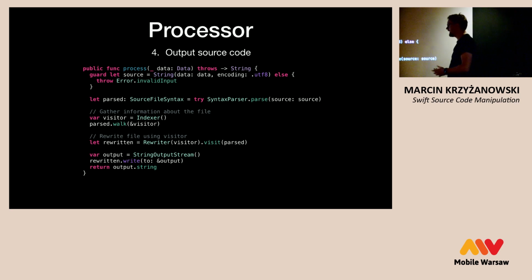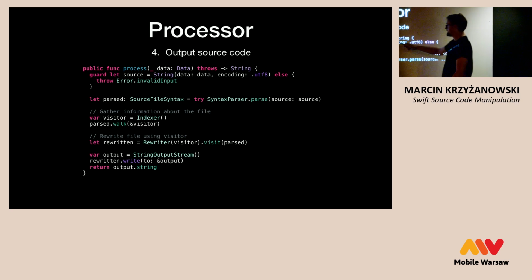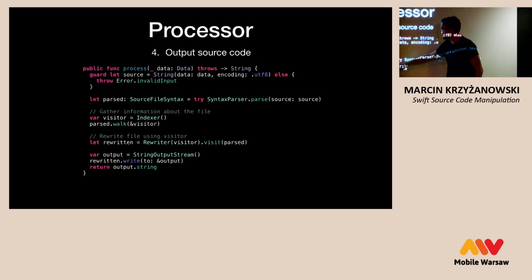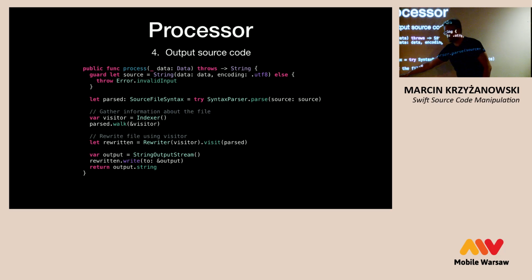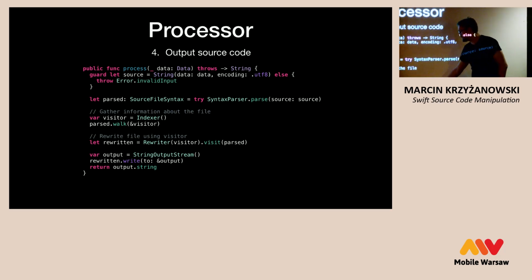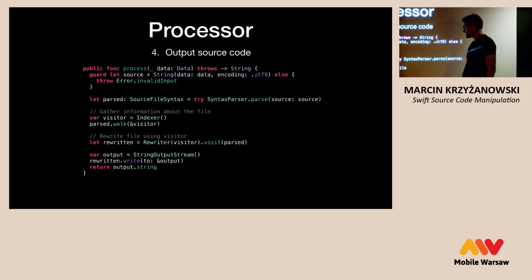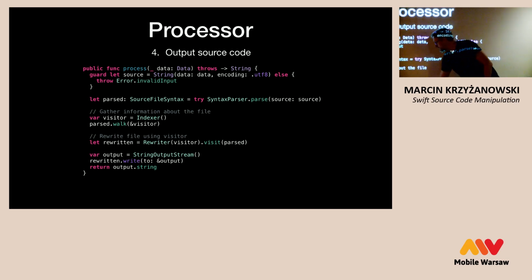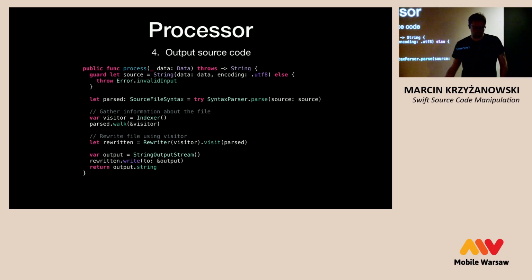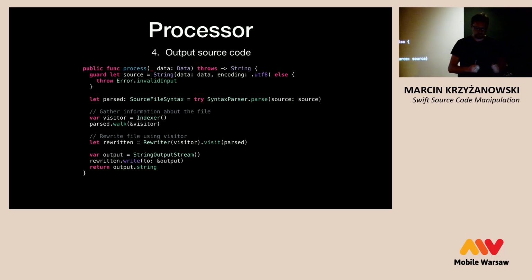And at the very end, this is the process, which is the main function that gets the data, which is the source code, runs the indexer for the functions, runs the rewriter that does the actual work, and outputs the tree formatted into the string to the outside.